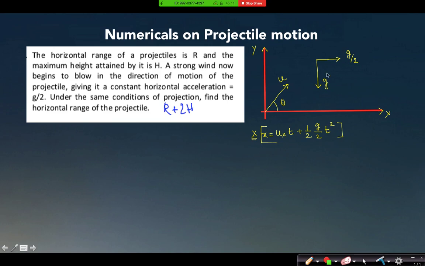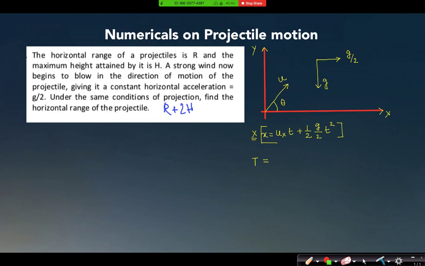And what is the y-axis motion? They are the same. So from the y-axis equation, can you find the time of flight? Will the time of flight remain the same as a conventional projectile motion, or will it change? Remain the same. Remember a very important concept, that time of flight only depends on the y component of velocity and the y-axis acceleration, right?